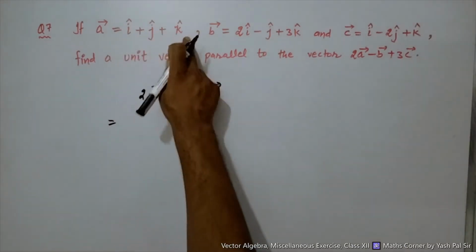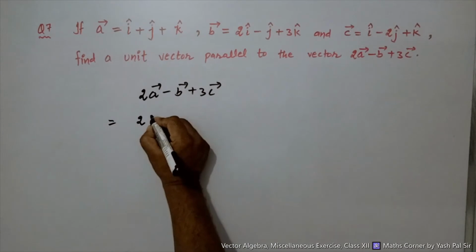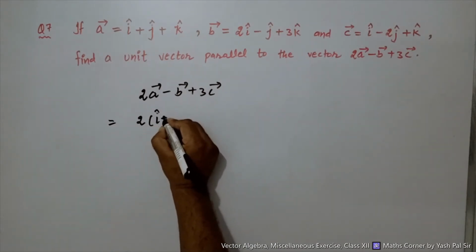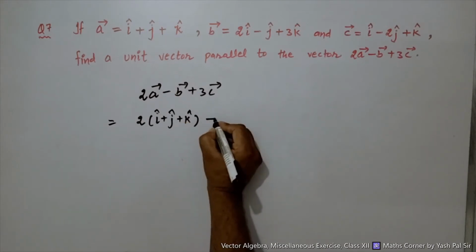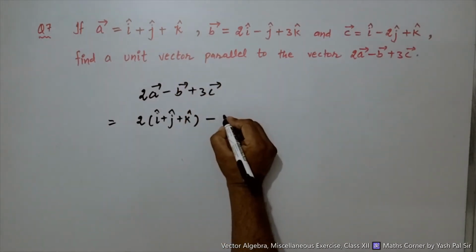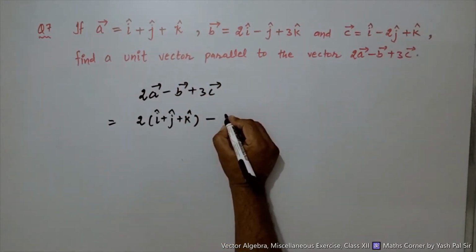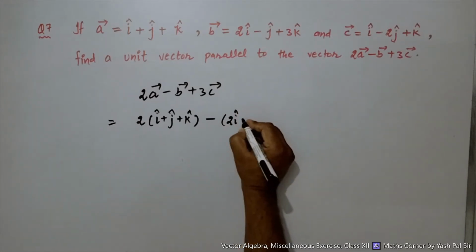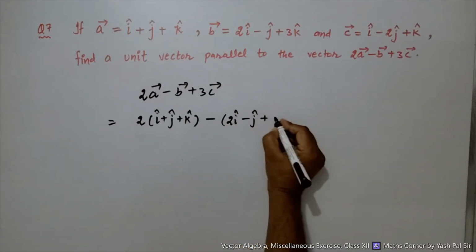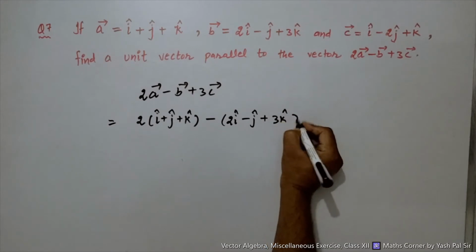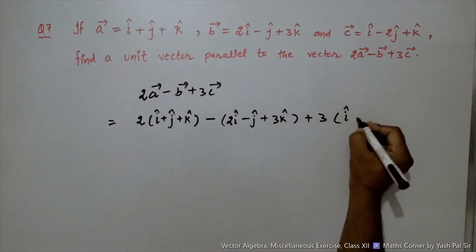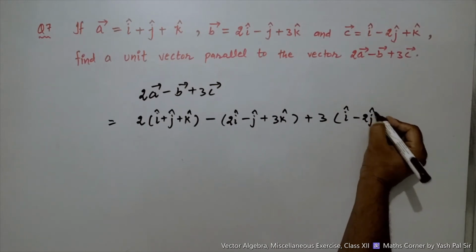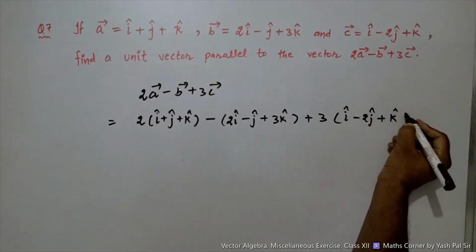This is equal to, multiplying by 2, 2 into vector a is i plus j plus k, minus vector b, vector b is 2i minus j plus 3k, plus 3 into vector c is i minus 2j plus k.